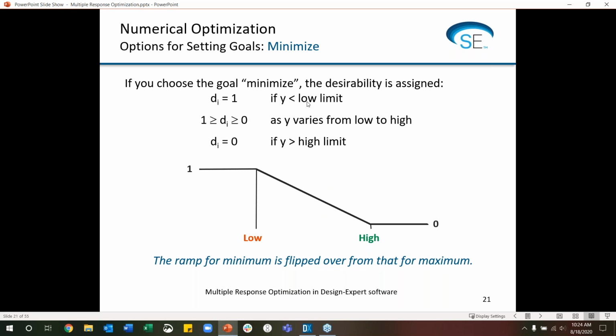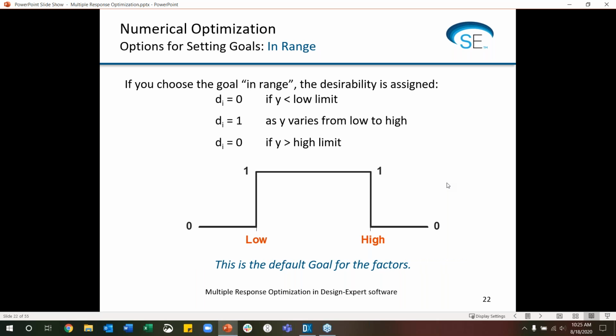Minimize is another goal that works just the opposite of maximize, where really the high value is the limitation. We don't want to go above the high value when we're minimizing. So anything above the high value is a desirability of 0. And then there is a ramp from 0 to 1.